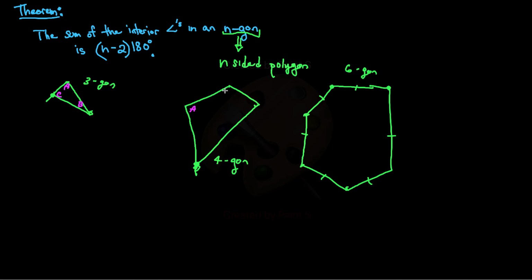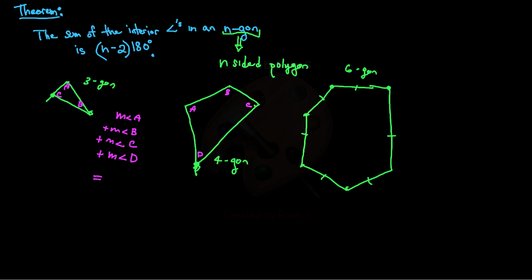Let's say I have angle A, angle B, angle C, and angle D. Your task is to find out the measure of A plus the measure of B plus the measure of C plus the measure of D. You want to find out what this is.